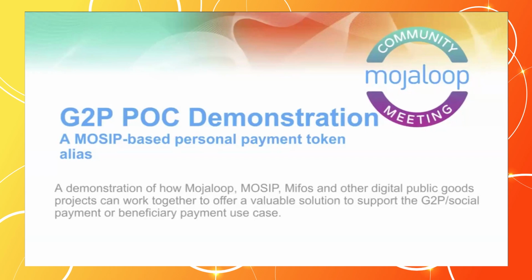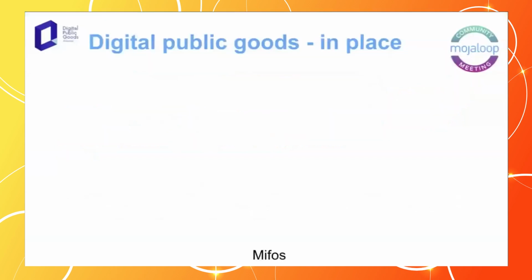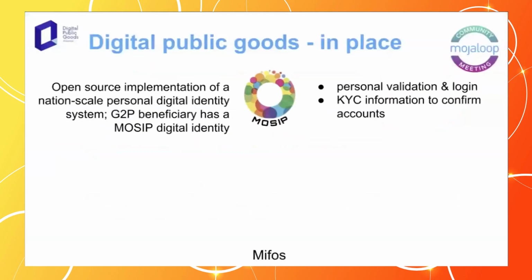This piece of work has been undertaken as a collaboration between different open source digital public goods projects. As you can see here, we have MOSIP. In this piece of work, a G2P beneficiary would have a MOSIP digital identity.